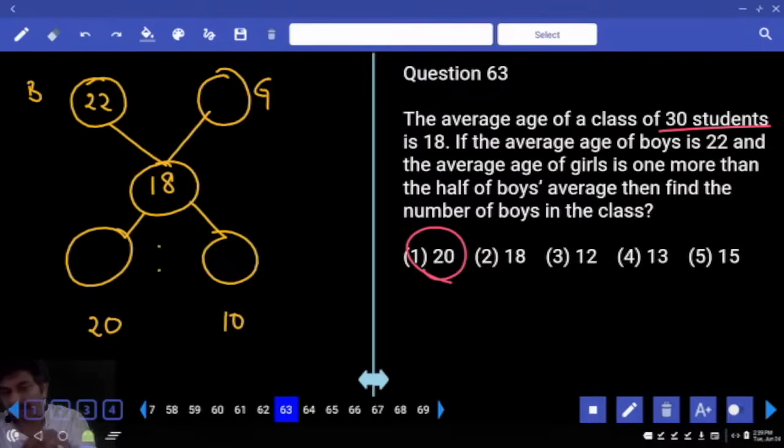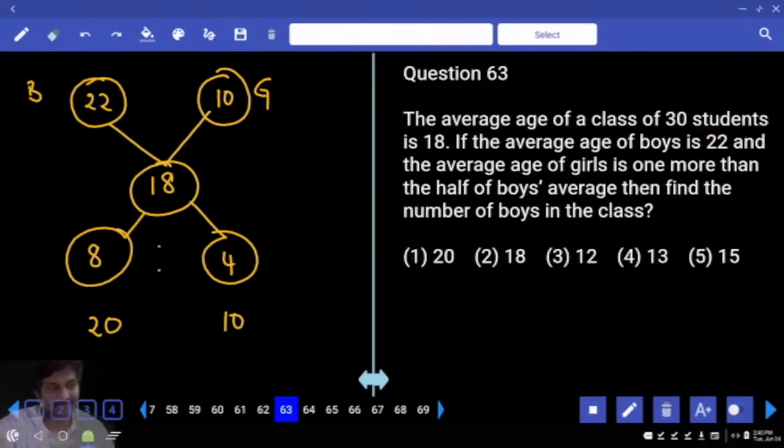So boys to girls ratio 2:1. What is the difference here? Difference between girls average and class average is 8. Then girls average should be 10. Correct? According to the condition, average age of girls is 1 more than half of boys average.